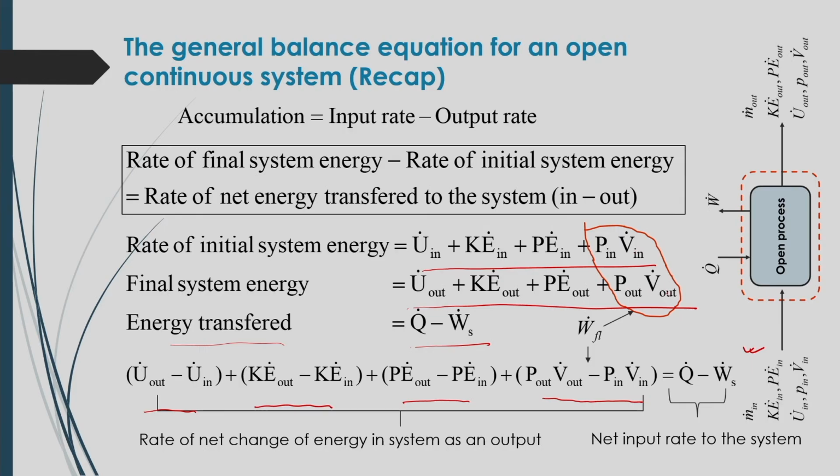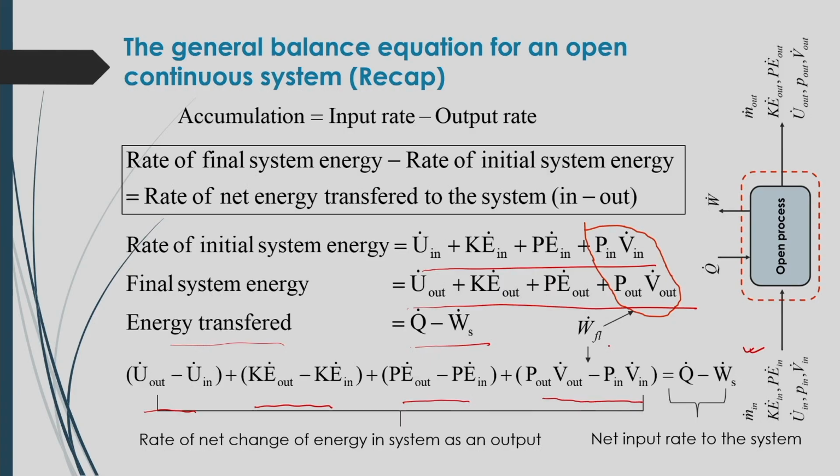P in V in and also in the outlet P out V out, the difference of these, the work done by this change of volume or pressure by the fluid flow, will be regarded as work done by the fluid.